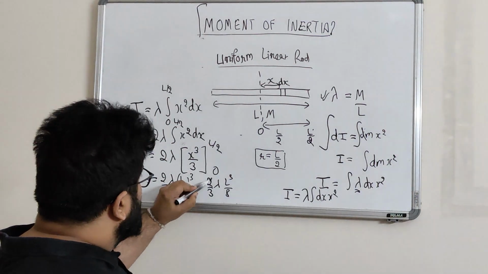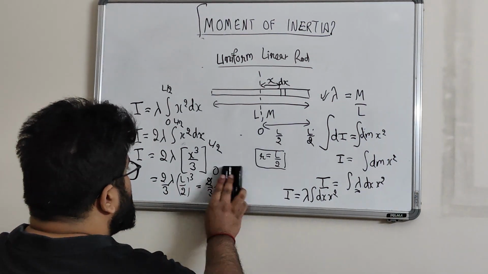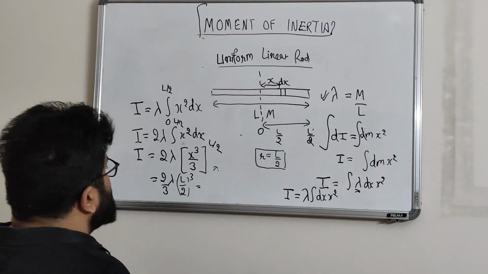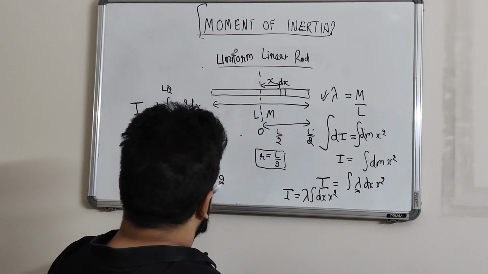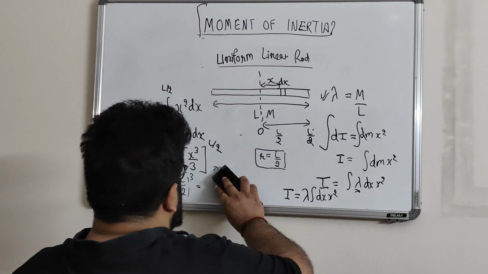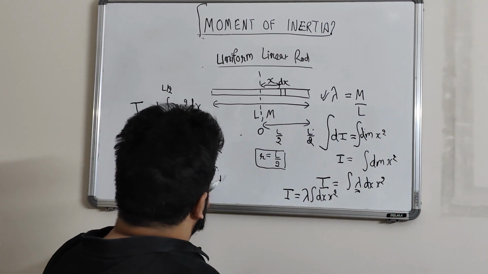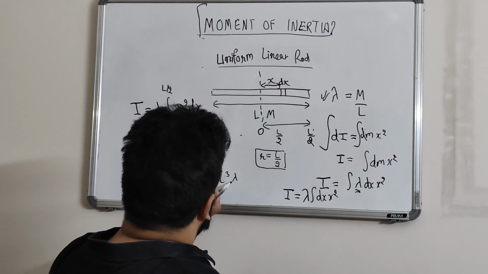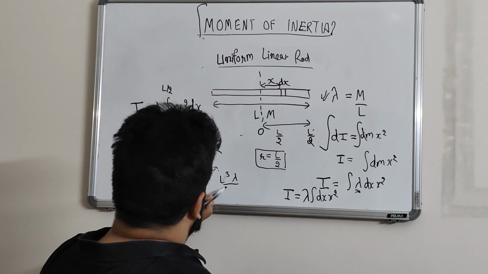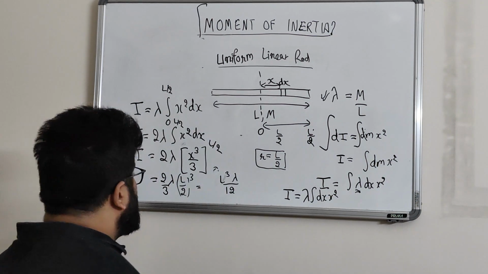Okay, we cancel this out, and this becomes L cube lambda into 12.